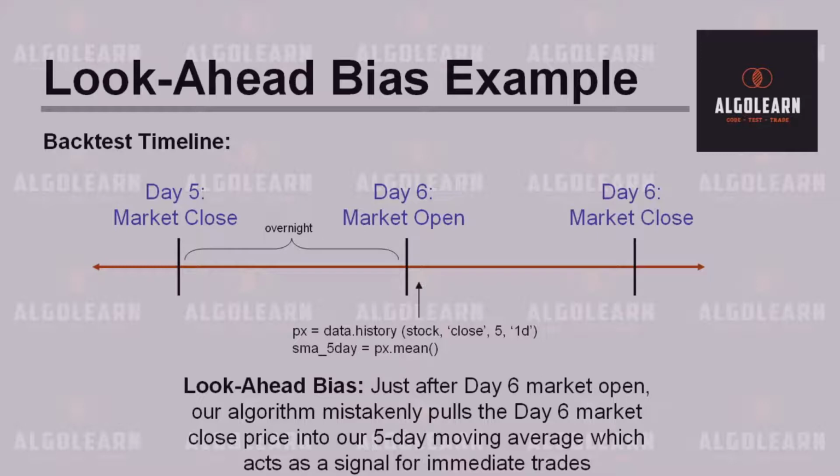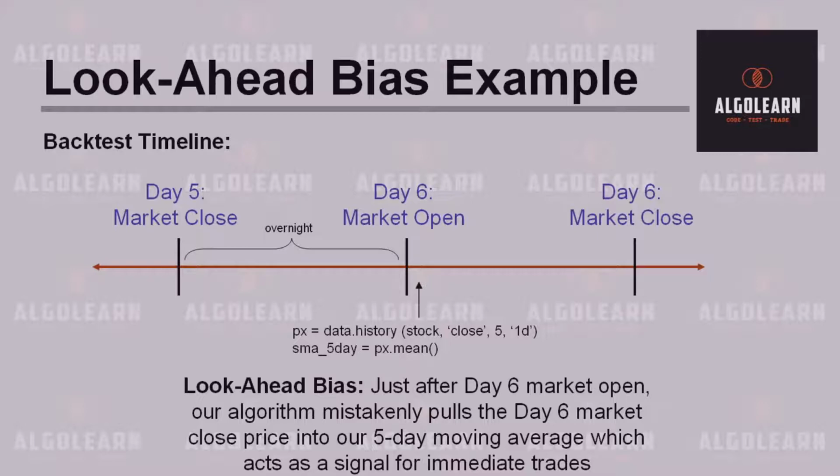The danger in that is if we then get the current price at that same point in time, and then we use the 5-day moving average as basically our signal. So if our current price is above our 5-day moving average and we want to go long in that position, now we've made a decision based off of a 5-day moving average, which has in it a data point that's really in the future that we wouldn't have had access to during live trading.